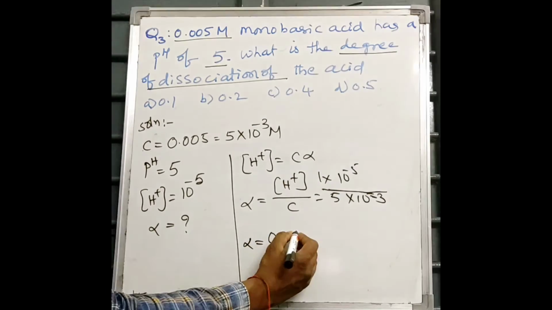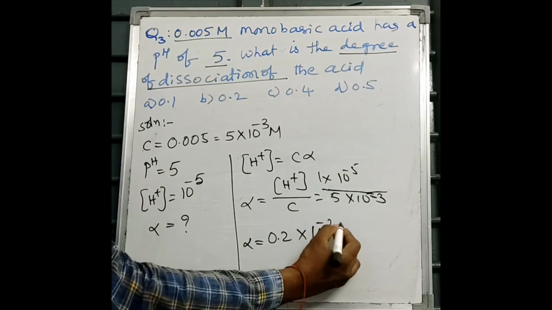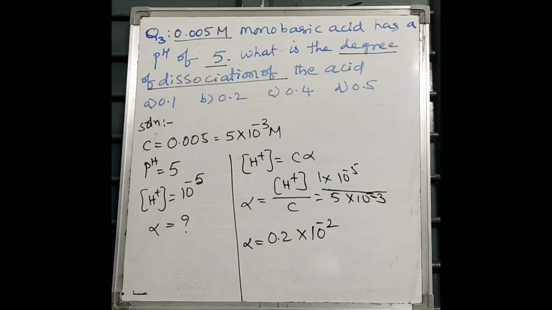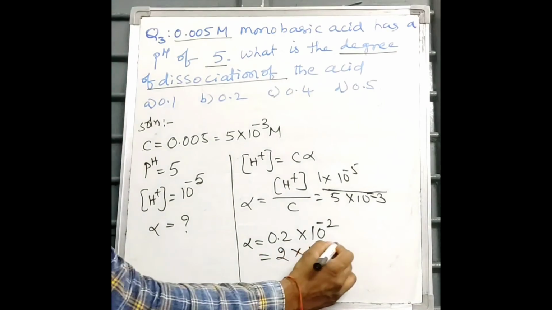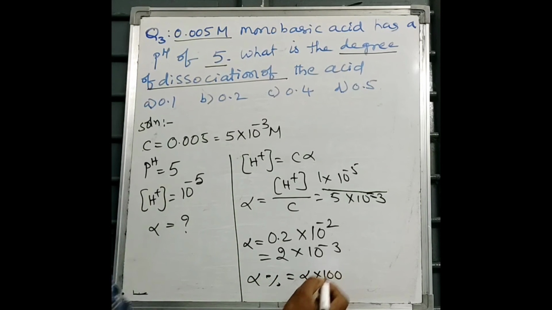That means 0.2 into 10 power minus 3... 10 power minus 3 gets cancelled, 10 power minus 2 is there, and we can also write it as 2 into 10 power minus 3. We can also calculate the percent of ionization or percent of dissociation. Alpha percent equals alpha into 100.